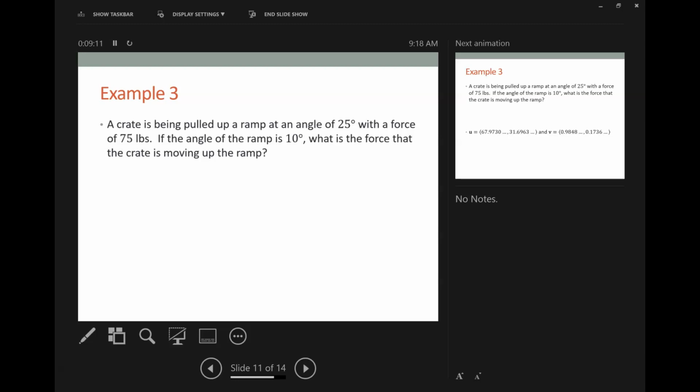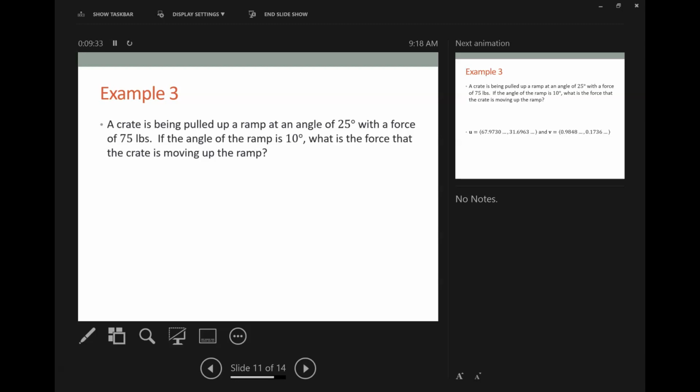What direction is gravity going to be acting on a ramp? Is it going to be pulling the thing up or pulling it down? Down. What is the other force doing? Pulling the crate up or down? Up. How did you get up? Literally says it in the problem, right?